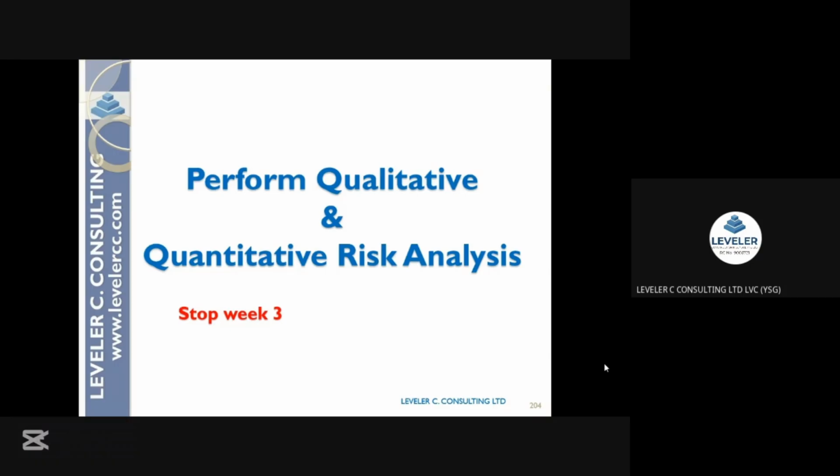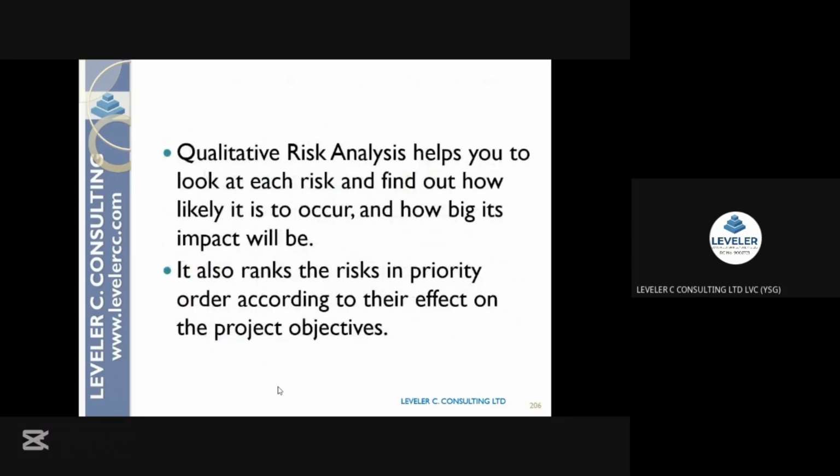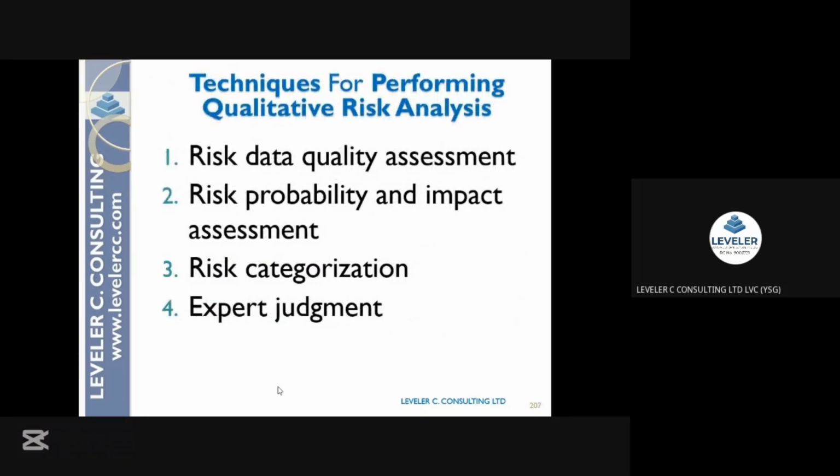Do we understand? So in your project, for all the risks you identify, you must perform qualitative and quantitative analysis on each of the risks. That will make you have an informed decision. What are the techniques you are going to use? You are going to use risk data quality assessment. You are going to use risk probability and impact assessment.